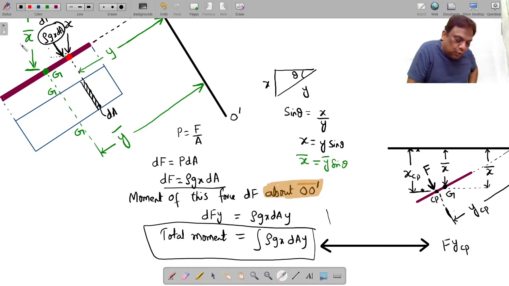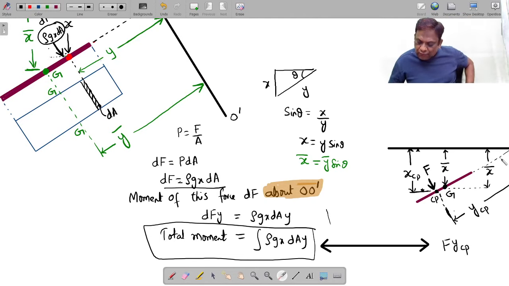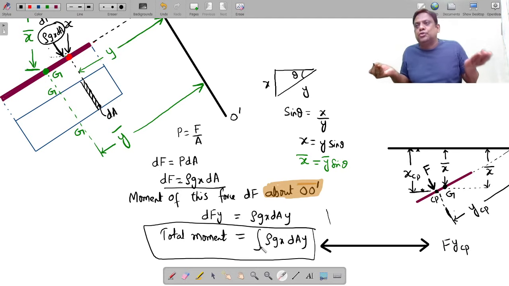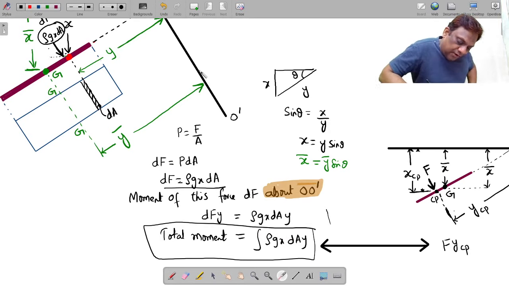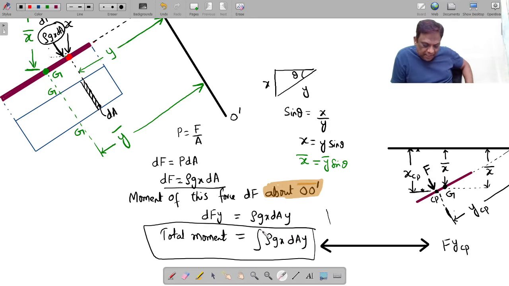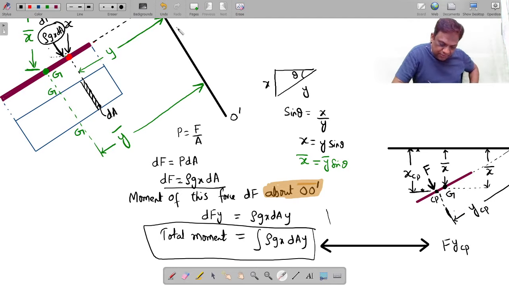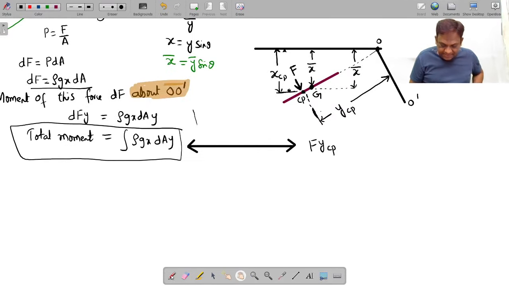Integrating gives the total moment of the total force about this. This gives me the moment, and this gives me the moment. Already we have calculated F, the total force, and we have taken the moment about this. So both should be the same from my mechanics. Let us equate both.